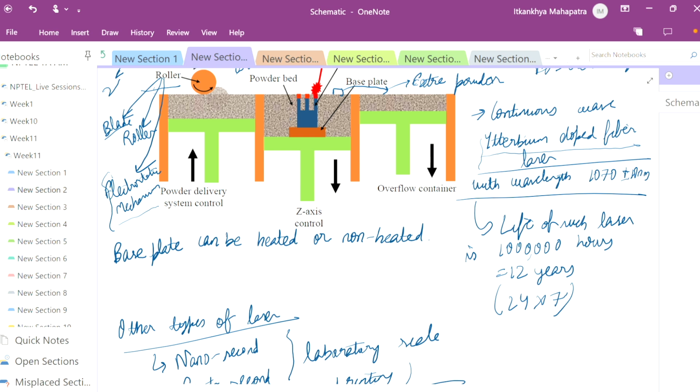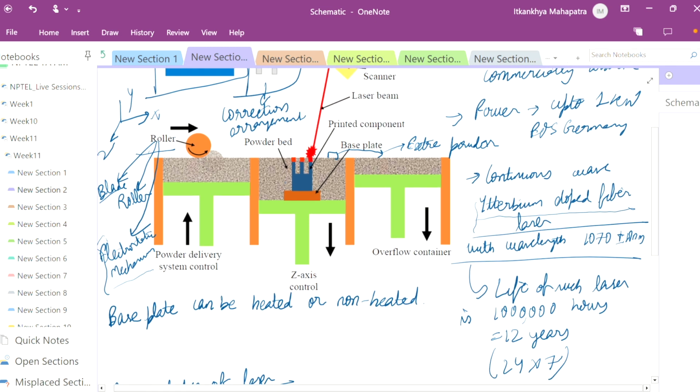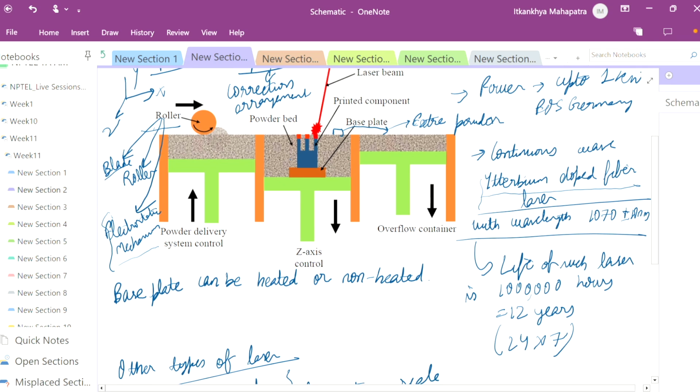In an electron beam process, it is necessary to heat the powder. But if we are using a laser, heating the powder bed may or may not be required. Why is it so? Because in case of laser, we are using inert gases, but in case of electron beam, there are no inert gases.